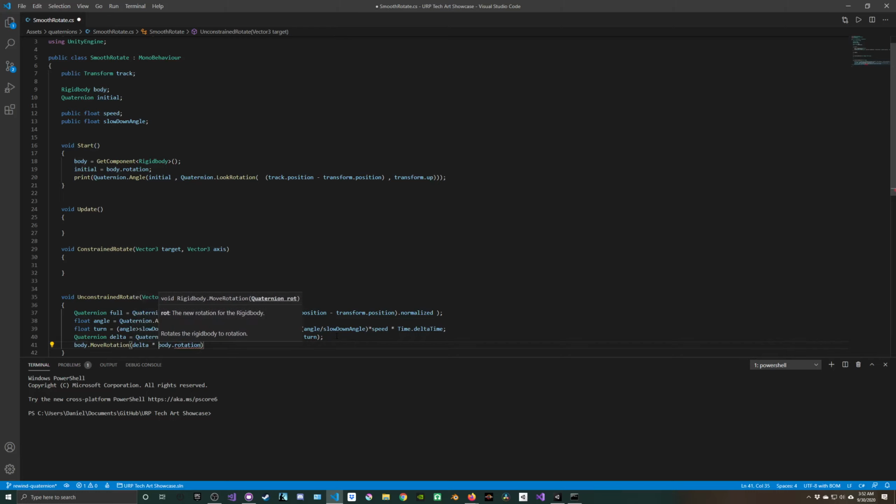So delta times body.rotation. Something to note with quaternions and matrices in general is that multiplication is not commutative, so the order matters. And if you're wondering about the reason why, you can just think about it like this.